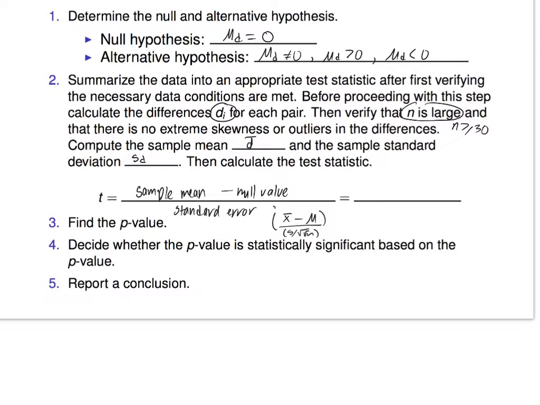Okay, so that's for last time. So what's going to change for this? What does x bar become? D bar. What is our mu d always equal to in this case? 0. Over s sub d over root n, but the same basic structure, right?